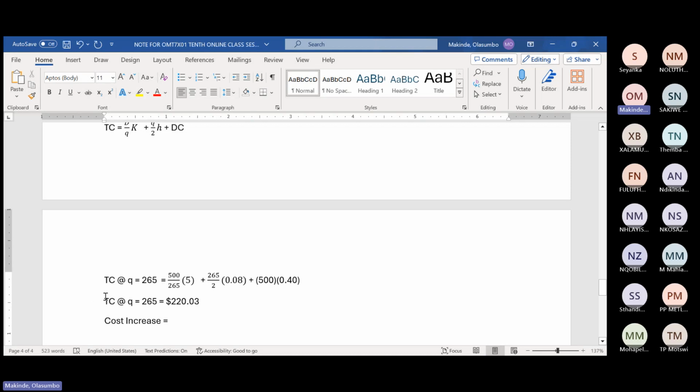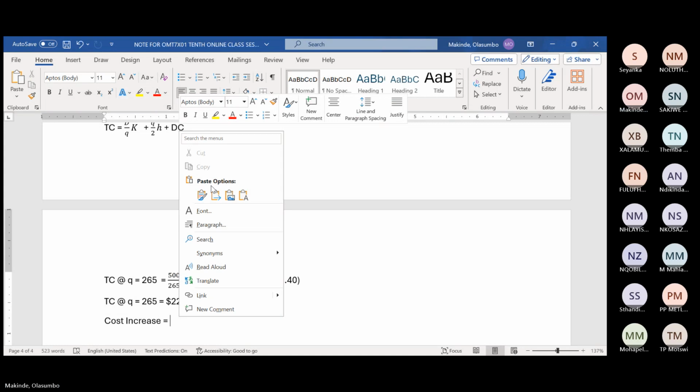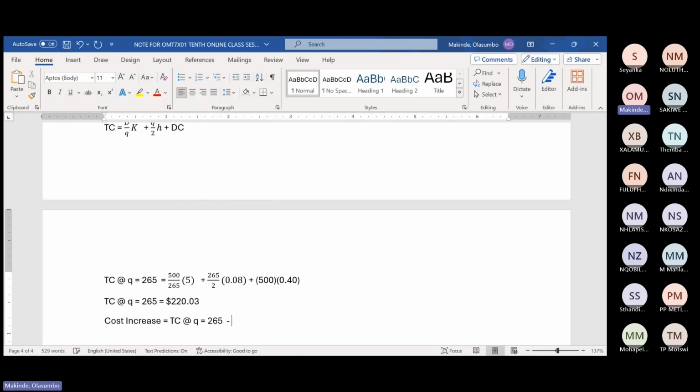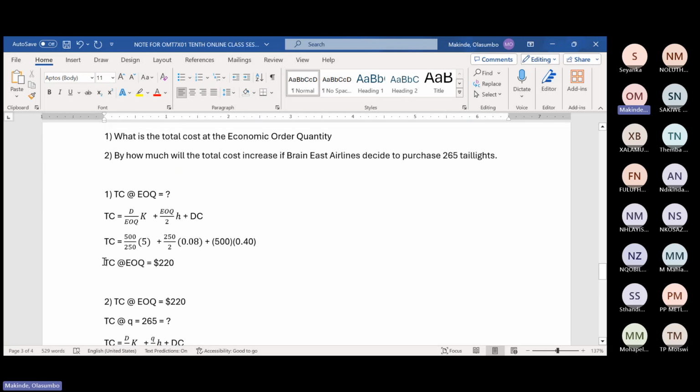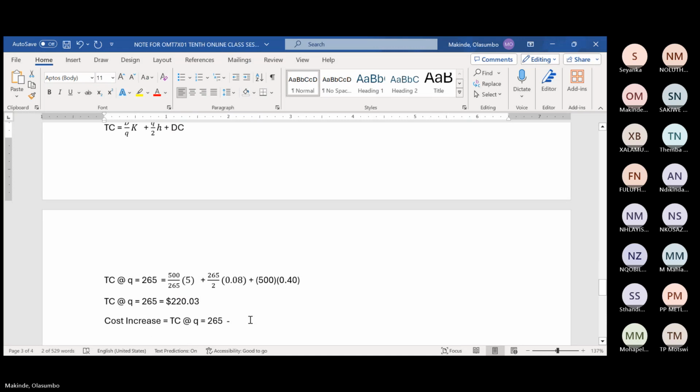So based on this, the cost increase is equal to this minus TC at EOQ. So the cost increase will be equal to 220.03 minus 220, which is equal to 0.03.